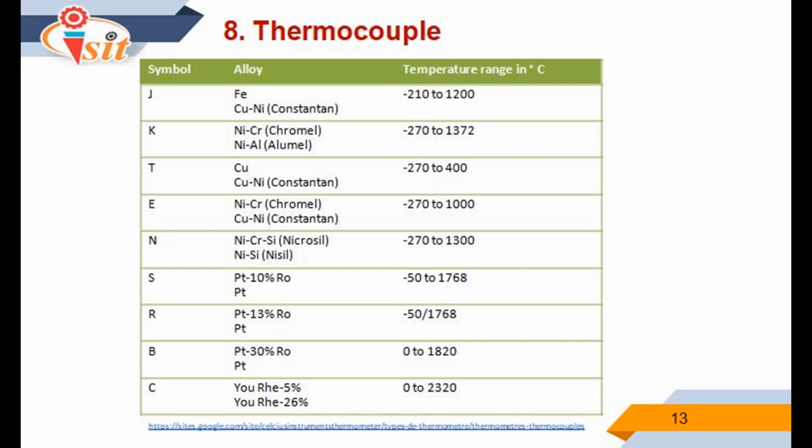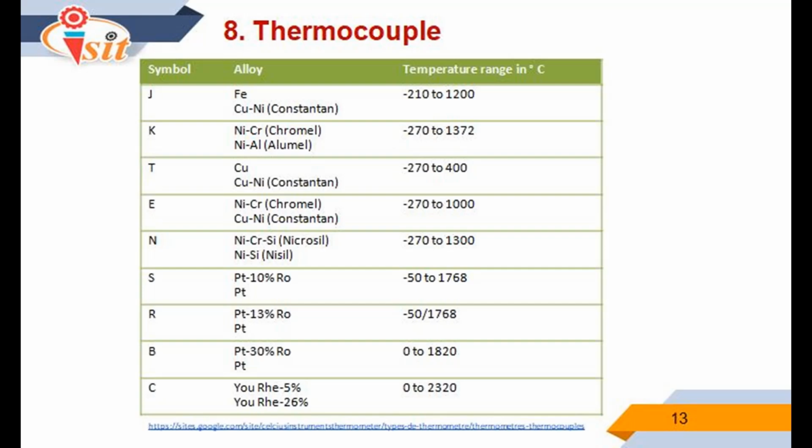The third type of thermocouple is T-type thermocouple, which is a combination of Cu, meaning copper, and copper nickel, meaning Ni, for the temperature range of minus 270 degrees Celsius to 400 degrees Celsius.